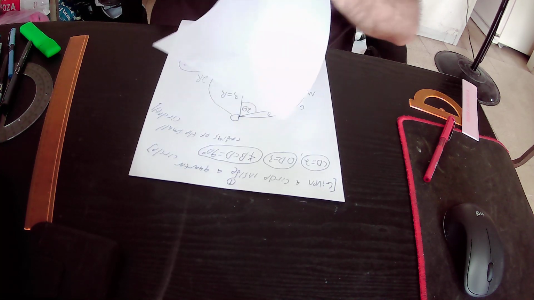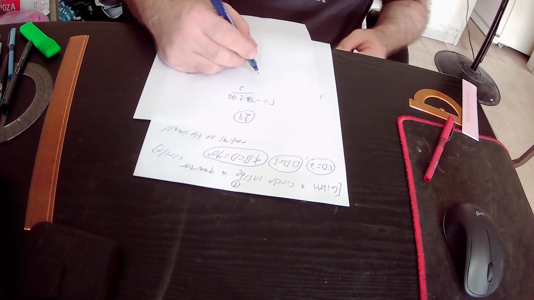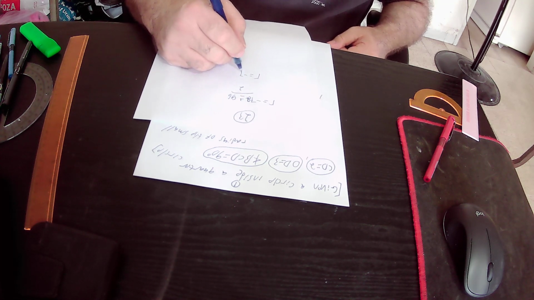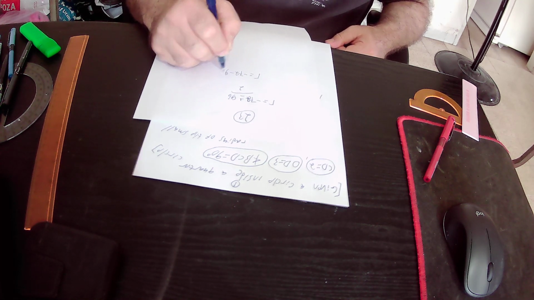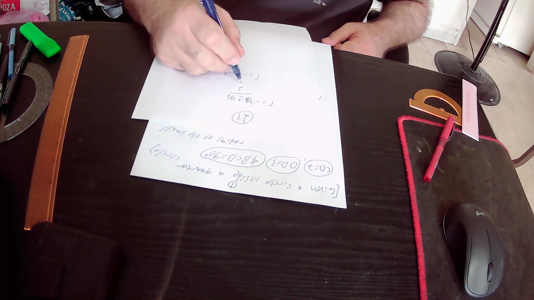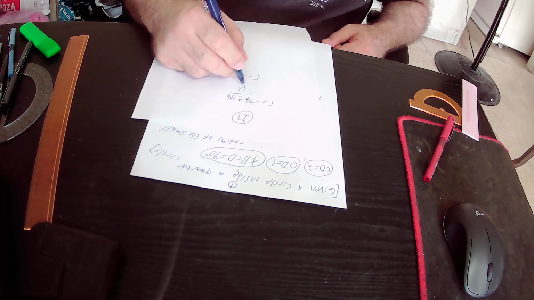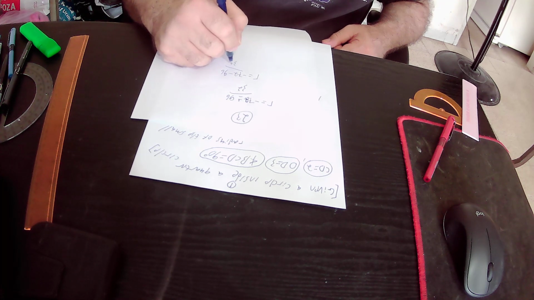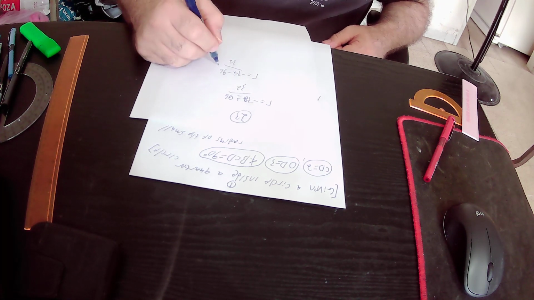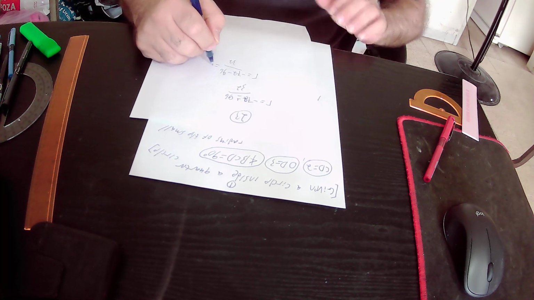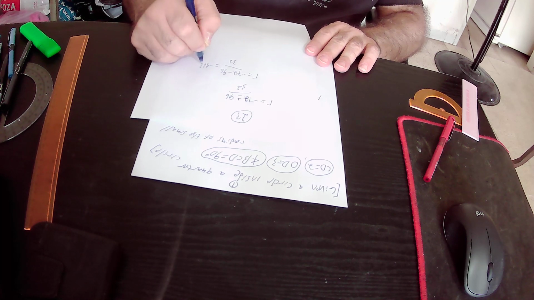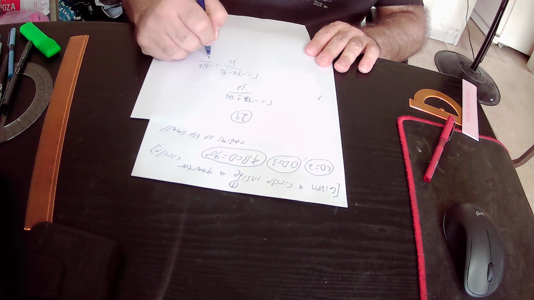The first solution is r equals to minus 72 minus 96 over 32. Minus 72 minus 96 is minus 168 over 32.